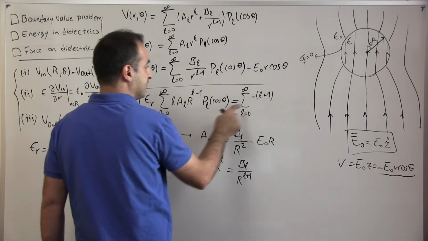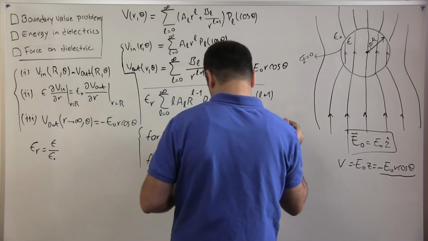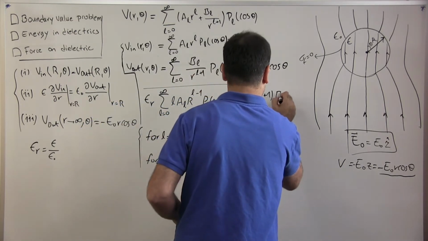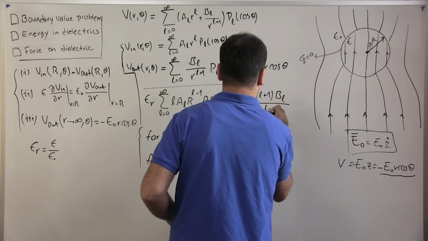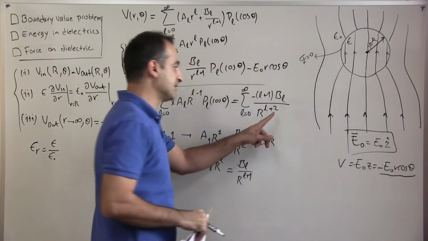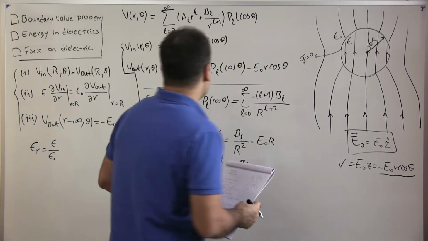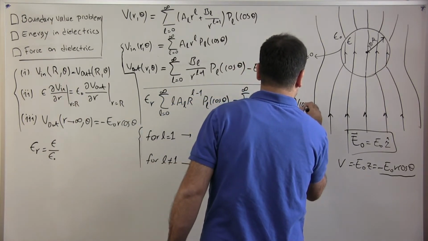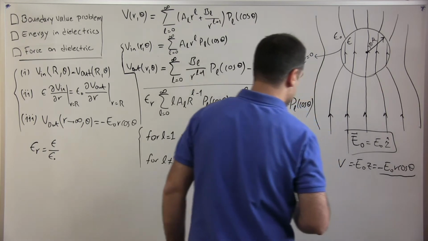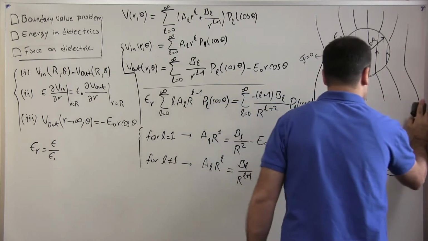I'm taking the derivative of this, so I get a term negative (L plus 1) times B_L divided by r to the L plus 2. And L plus 2 is for the same reason, since I'm taking the derivative of this. Times P_L cosine theta.